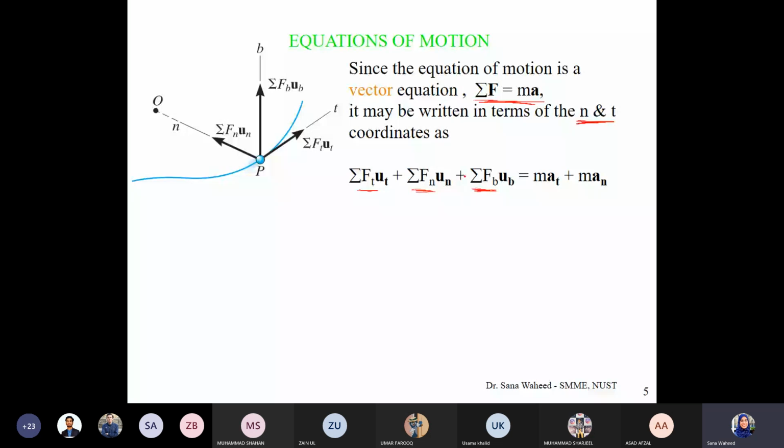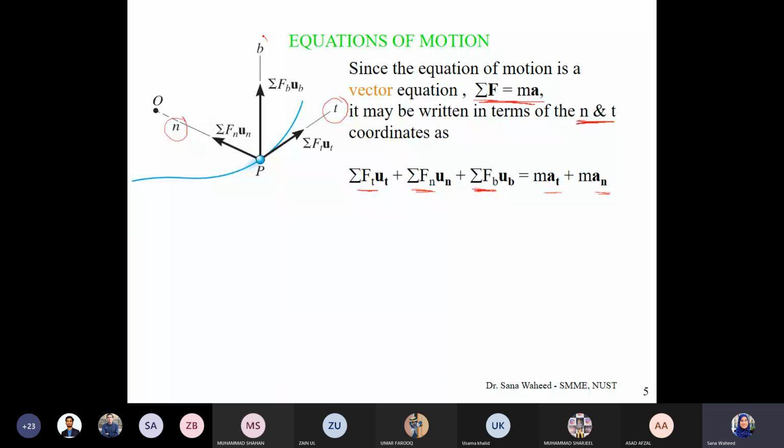But the important thing that I need to remember is that my motion is just occurring within the NT plane. That is, my accelerations are only going to be in my tangential and normal direction, right?